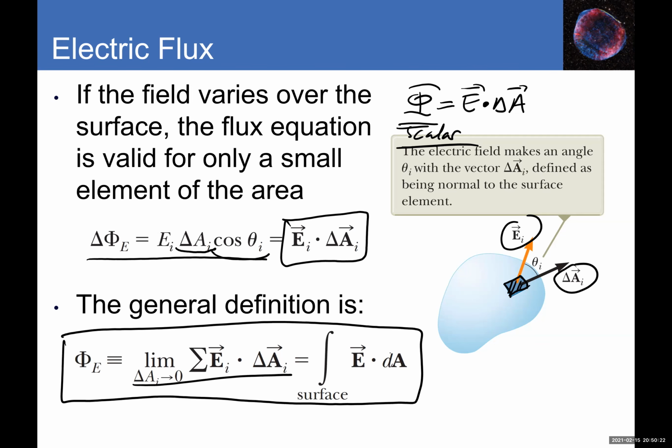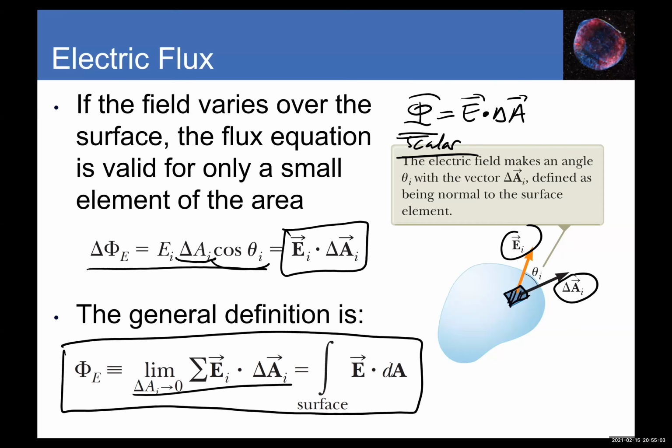Now, one of the things we can do here is, let me show you a quick example. Let's say we have a cube like this, and in this region there's an electric field going like this.